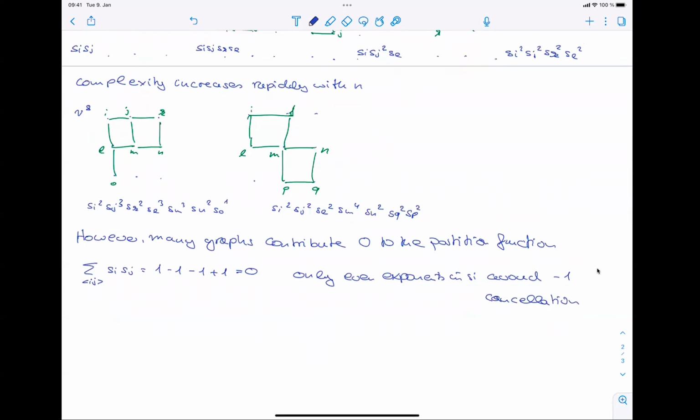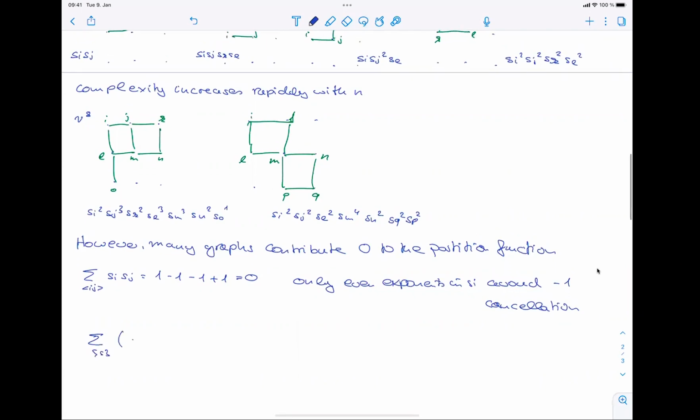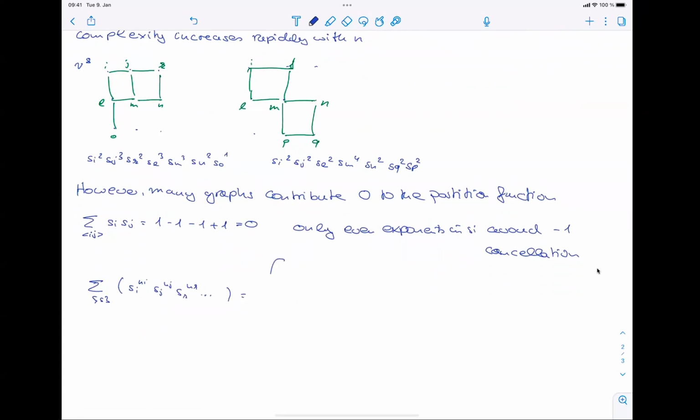So the terms that contribute, if I'm summing over the states, are Si to the power of Ni, Sj to the Nj, Sk to the Nk, and so on. If they're all positive even exponents, then for each spin taking value plus and -1, I have 2 configurations, right?